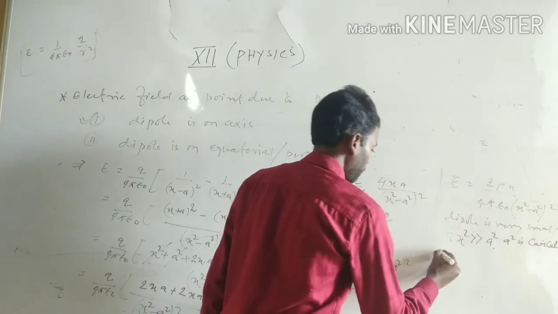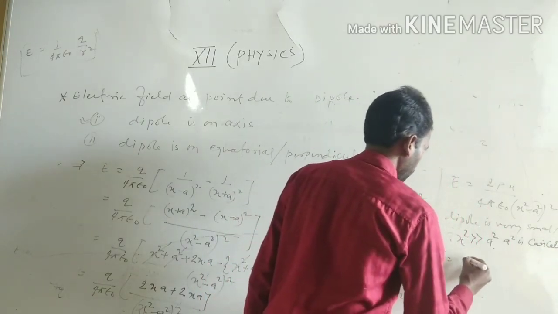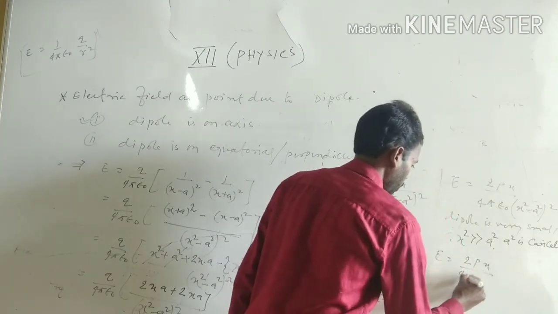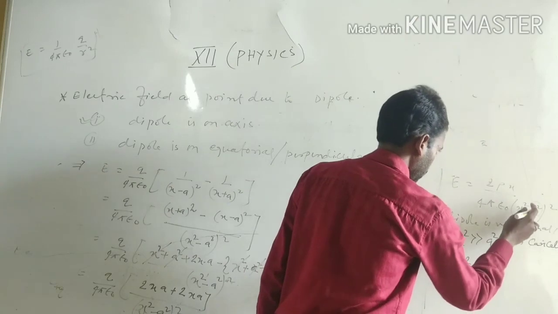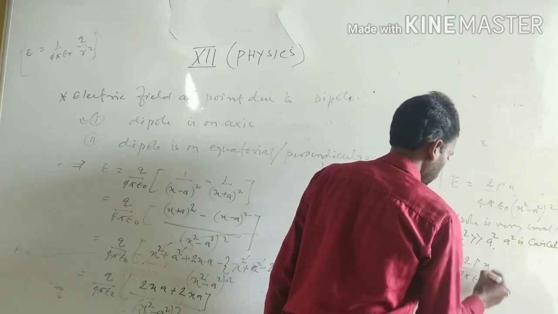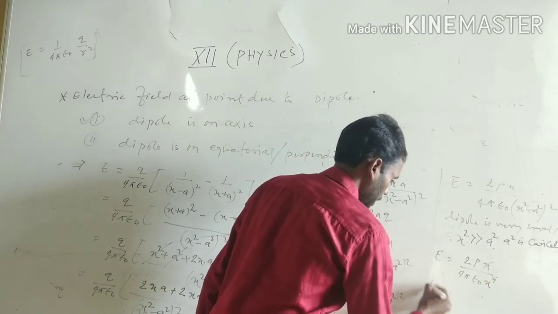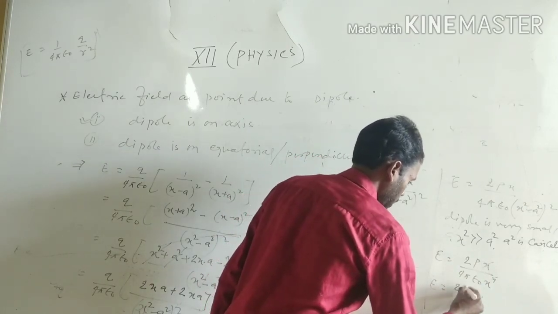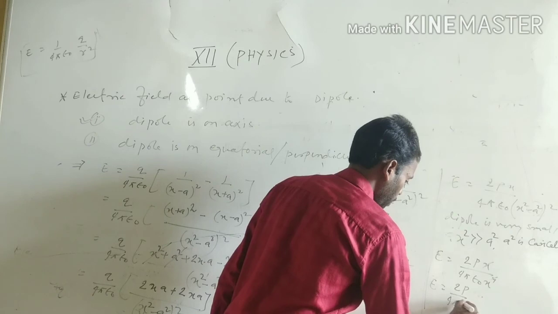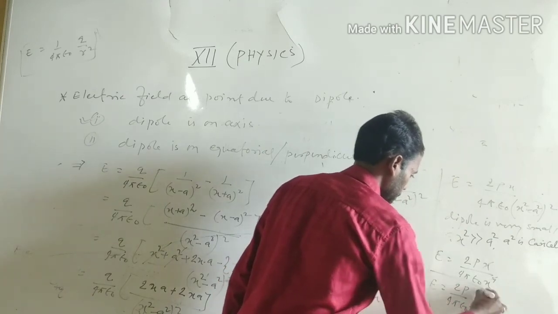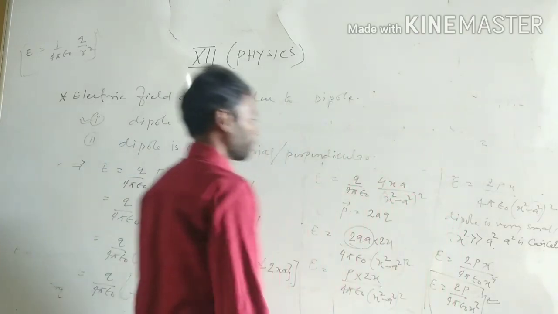That means E is equal to 2px divided by 4 pi epsilon naught, and this will be x to the power 4. Then one term cancels out. E is equal to 2p divided by 4 pi epsilon naught x to the power 3. This is the final result.